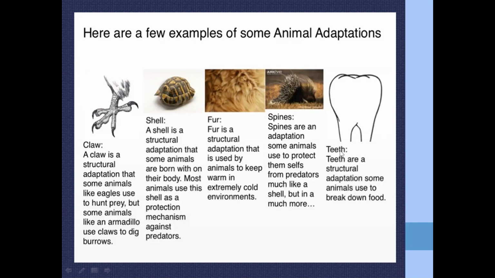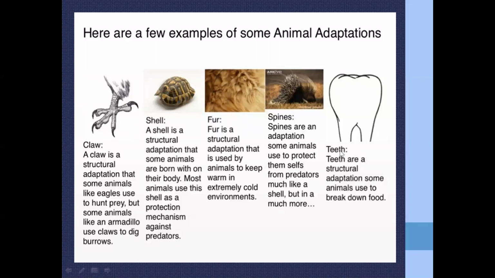And then teeth, which is a very important structural adaptation. Because we learned in our last lesson about carnivores, and we learned that carnivores have very sharp teeth. Why? Because they have to tear the meat or the flesh of other animals, isn't it?